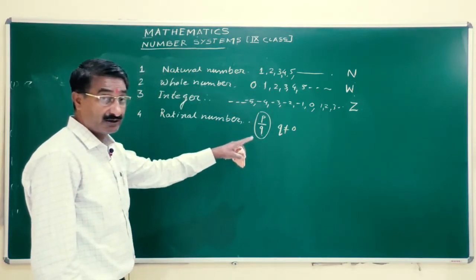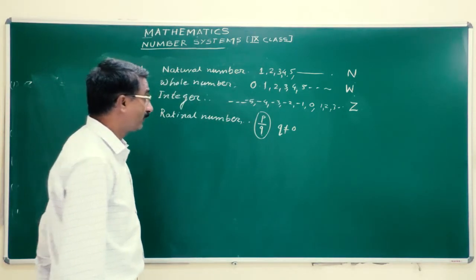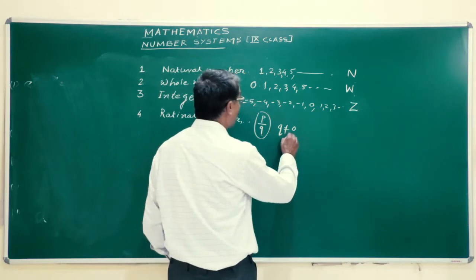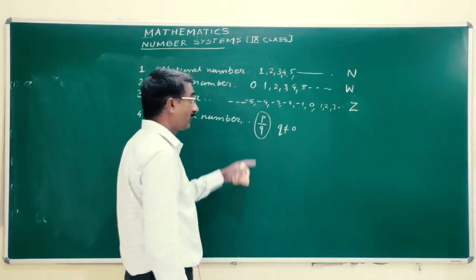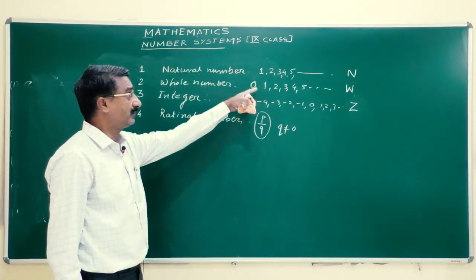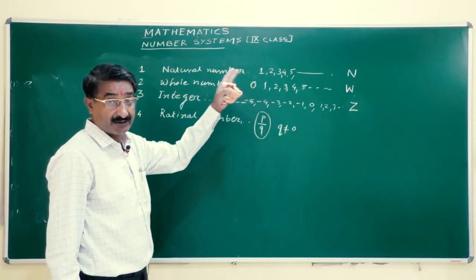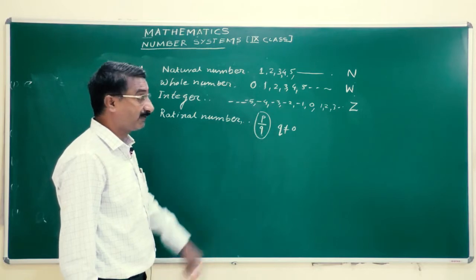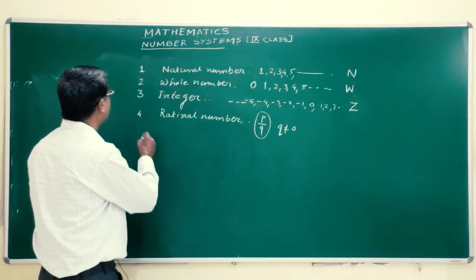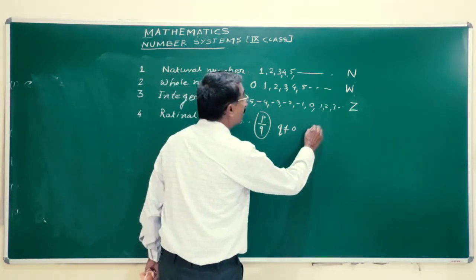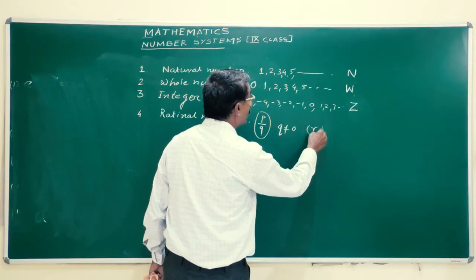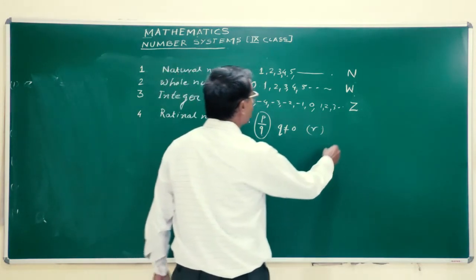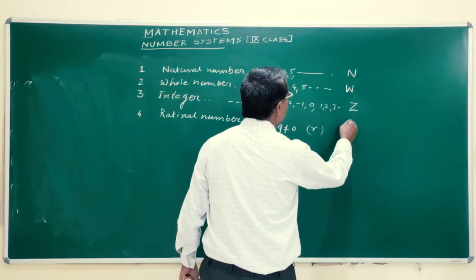All the integers, all the whole numbers and all the natural numbers are rational numbers. They can be written in the form of P by Q, and it is represented by Q, the quotient. Clear?